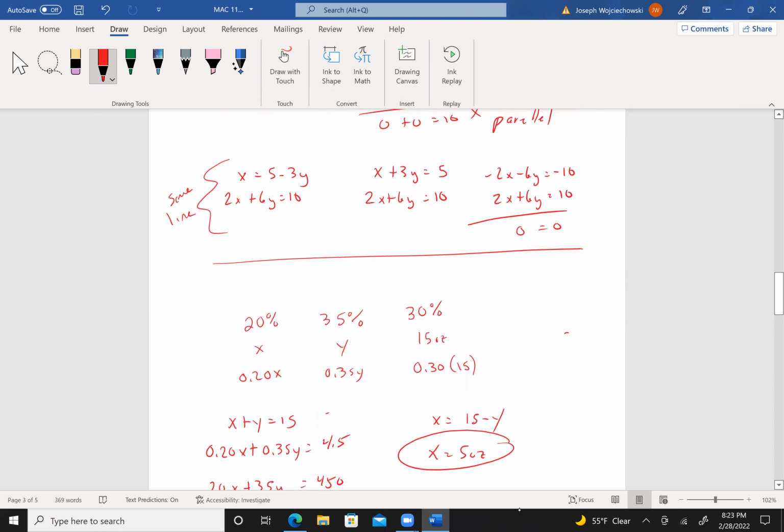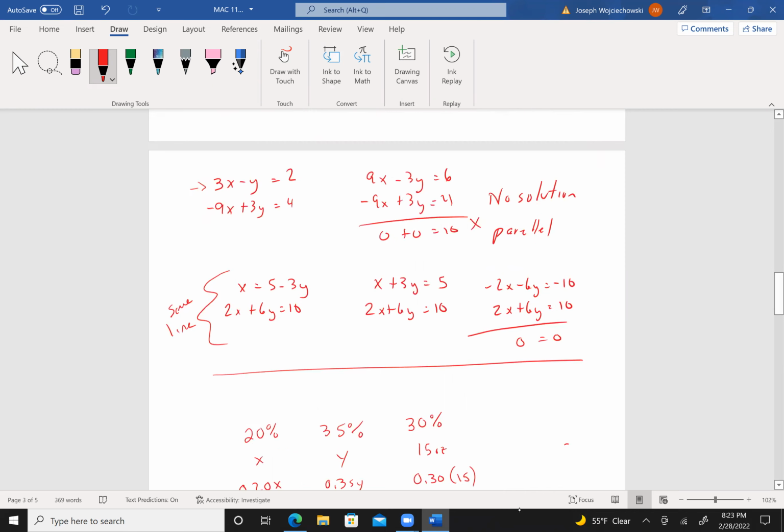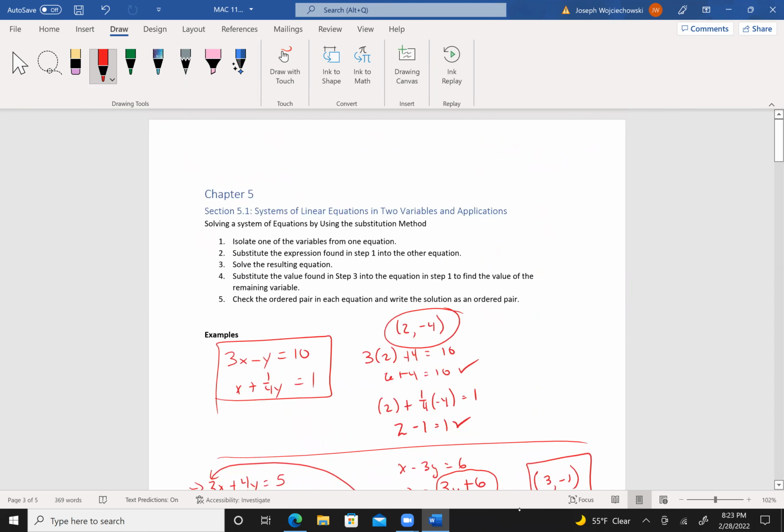Let's go back and do another one that comes out even. So we'll go back to this first one here. So I have 3x plus 4y equals 5. Solving for y.